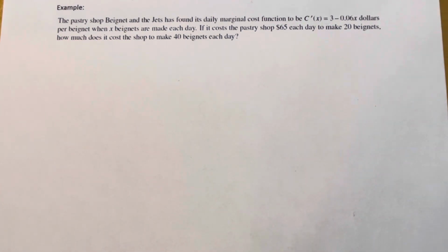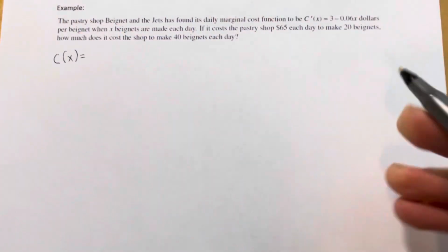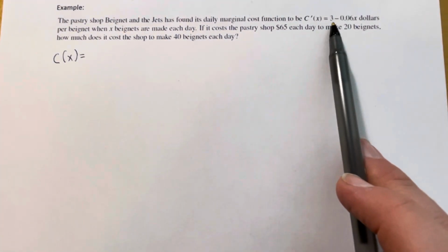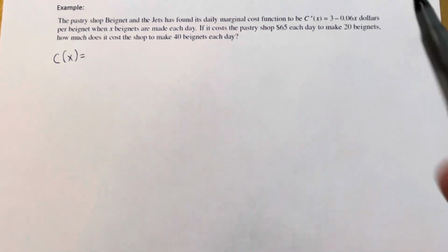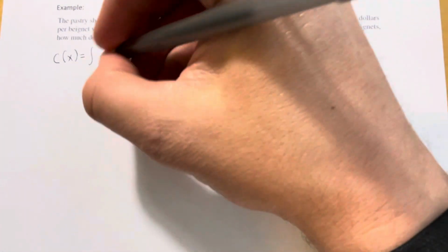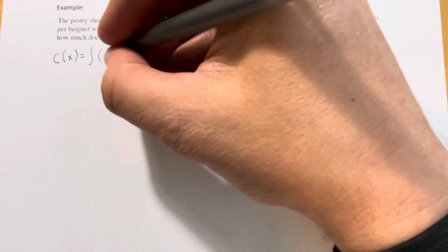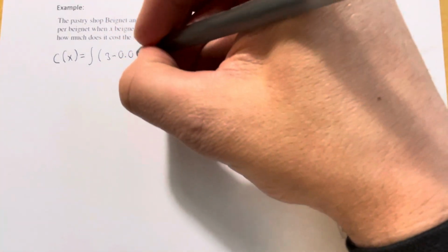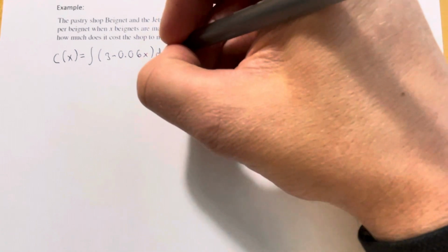To get a cost function from a marginal cost function, we would use an antiderivative. So our cost function, C of x, we can find by integrating this, finding the antiderivative. So the indefinite integral of (3 minus 0.06x) dx.